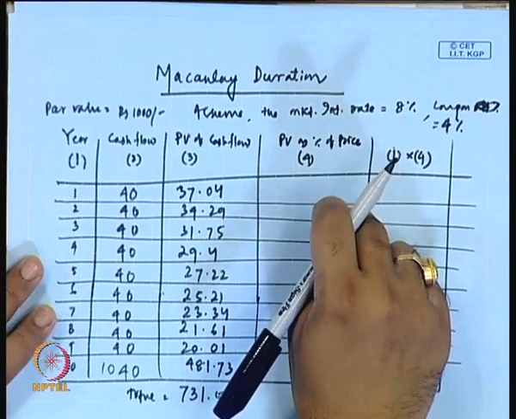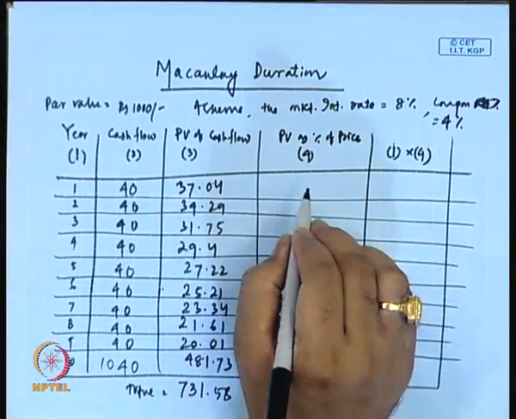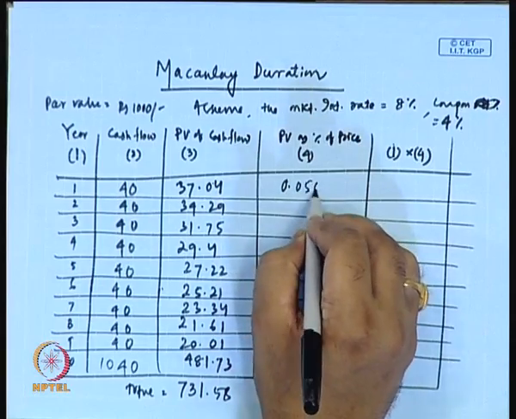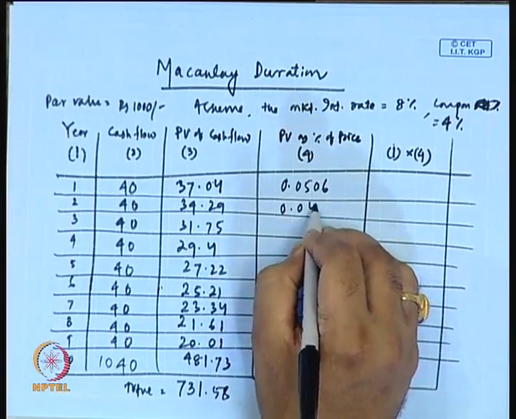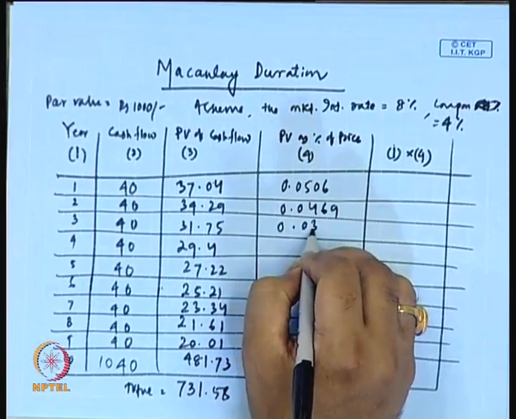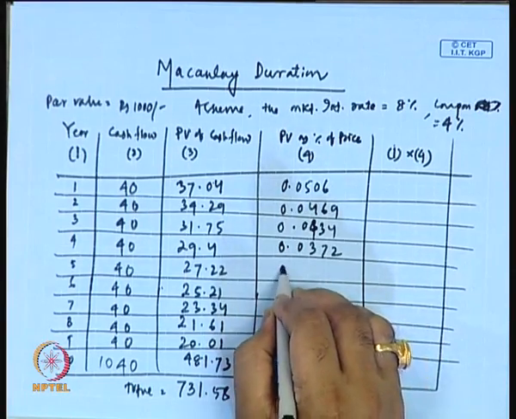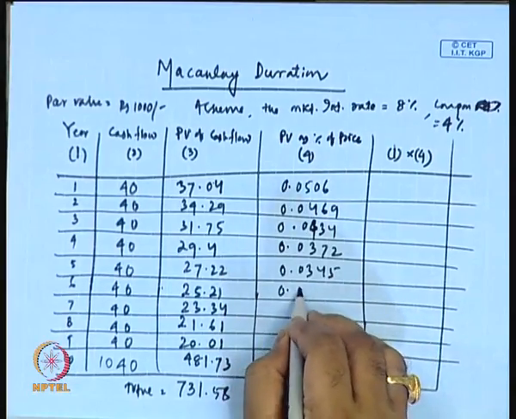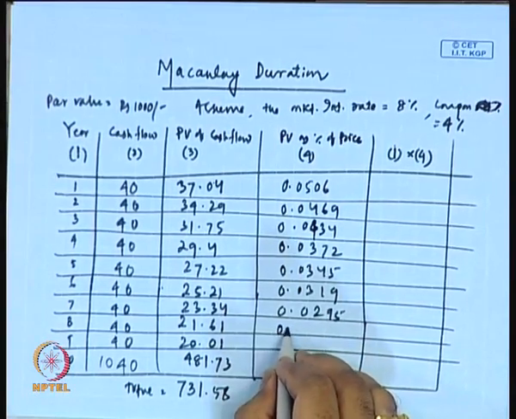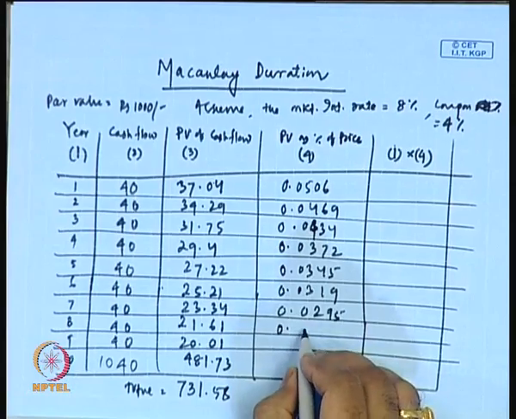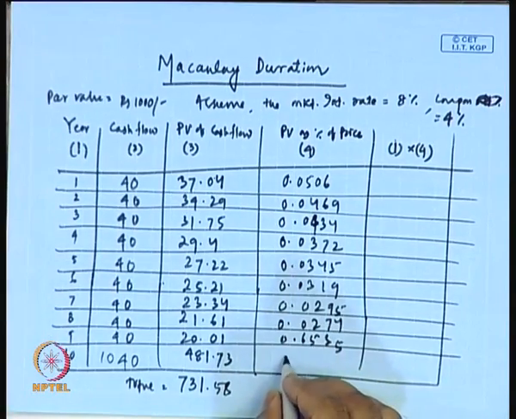Present value here, 37.04, is 0.0506, then this is your 0.0469, 0.0434, this will be your 0.0372, this will be your 0.0345, 0.0319, 0.0295, this will be your 0.0274, it is 0.6585.